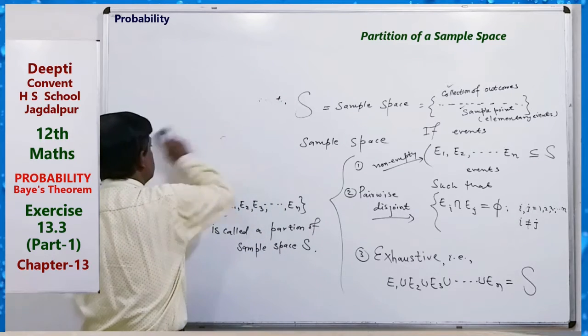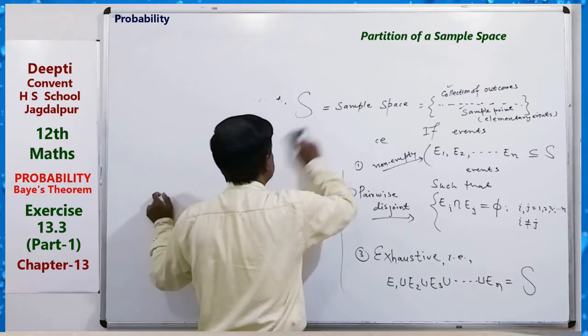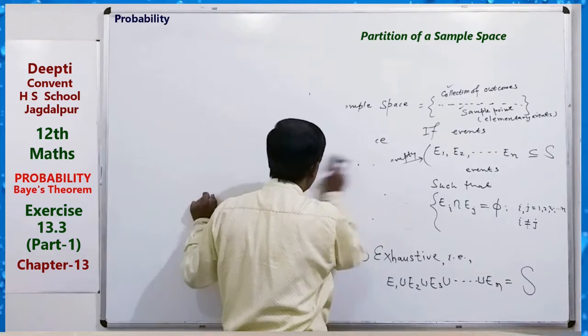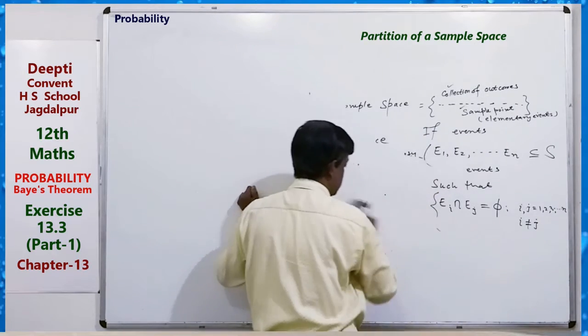Now the theorem of total probability. That is the total probability theorem. For defining the total probability theorem, we just require a partition.